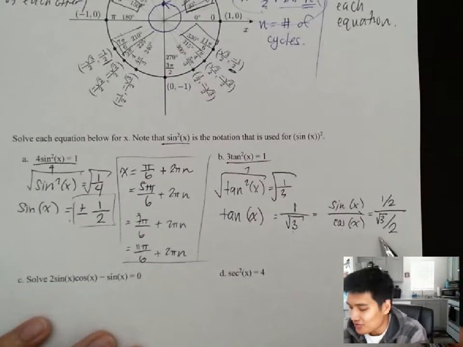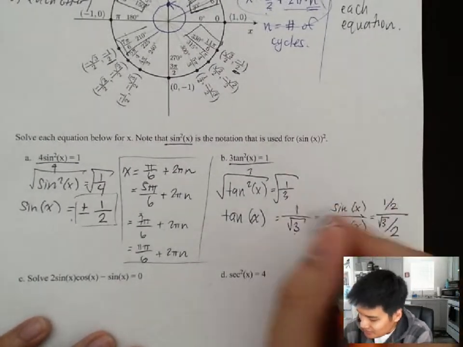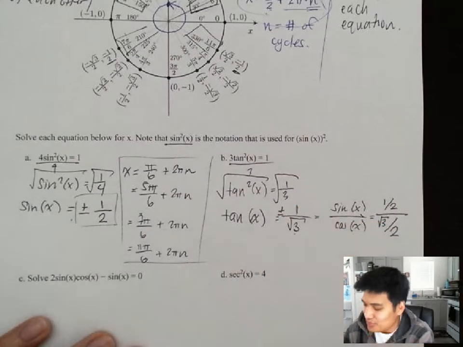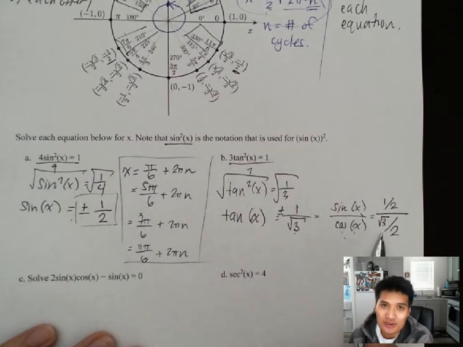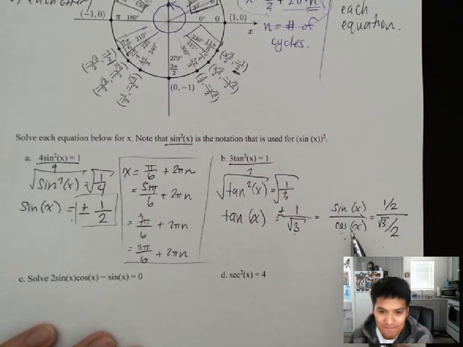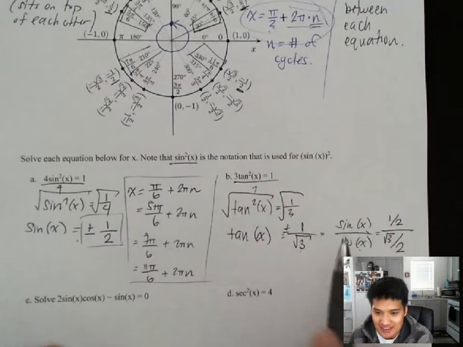So essentially you want to figure out this combination. If we have this plus or minus here, it's very important. So now I need to figure out when cosine is root 3 over 2, and when sine is also 1/2.